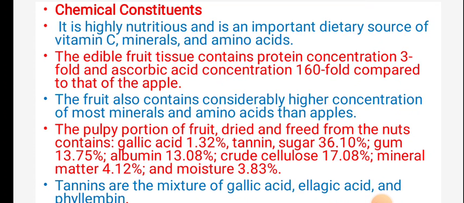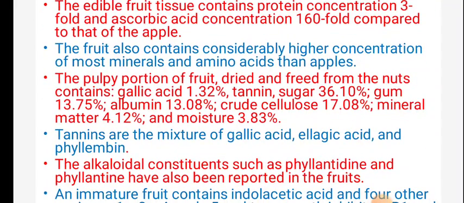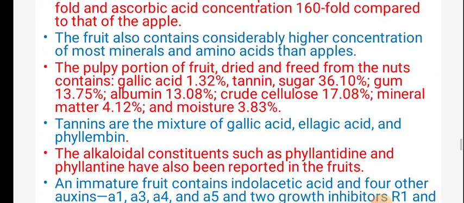Then the pulpy portion of the fruit, dried and freed from the nuts, contains gallic acid 1.32%, tannin, sugar 36%, gum 13%, and crude cellulose 17%. Then tannins are a mixture of gallic acid, ellagic acid, and phyllemblin.